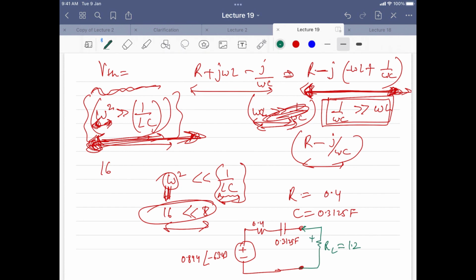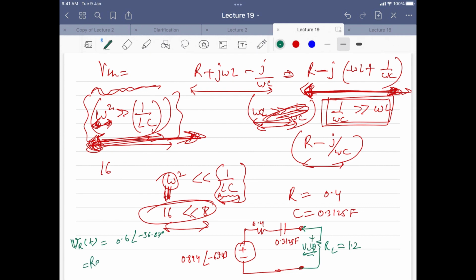So now can you calculate the voltage across this easily or not? So it's just a voltage divider only, right? Can you do it or not? It's easy, right? Yes. So it's just a voltage divider. So once you do that, the voltage VRT will be 0.6 angle minus 36.87 degrees. And if I want to write in terms of the time domain, how will I write it?